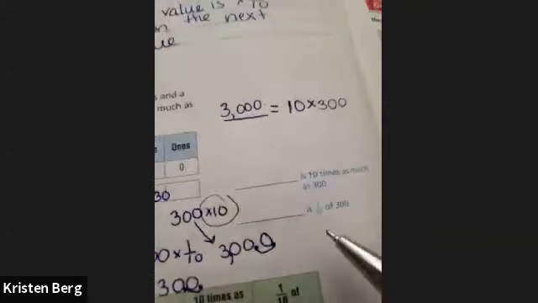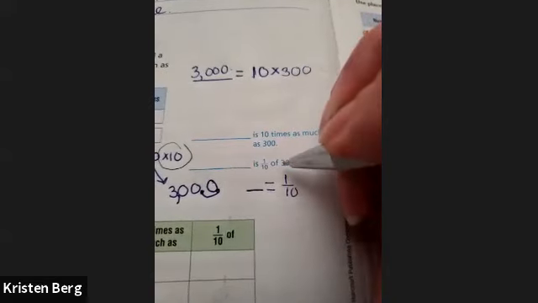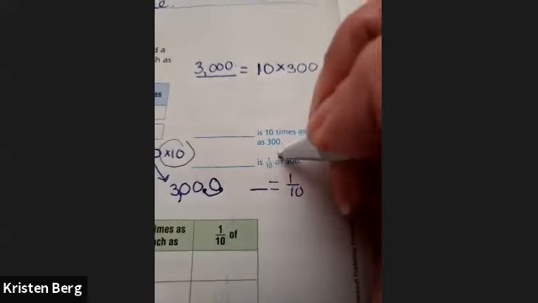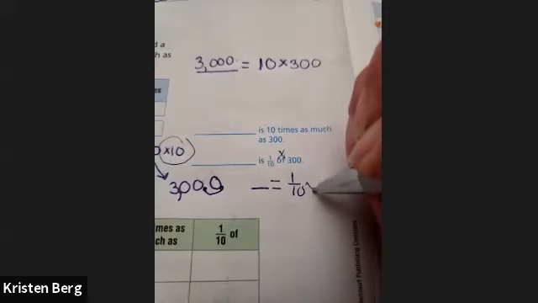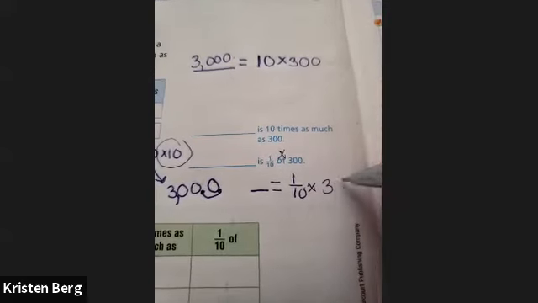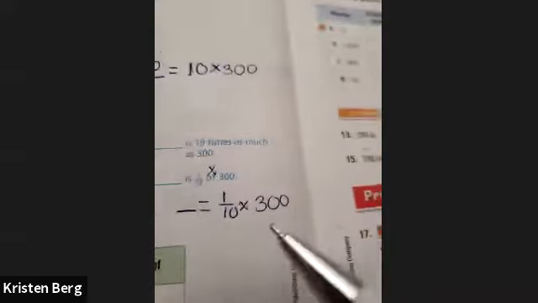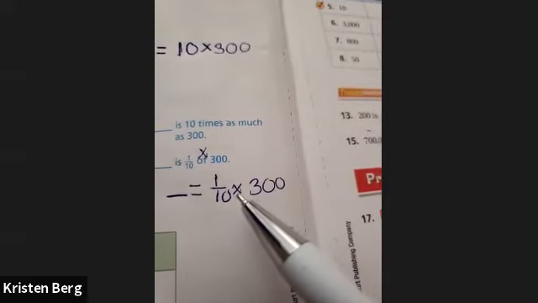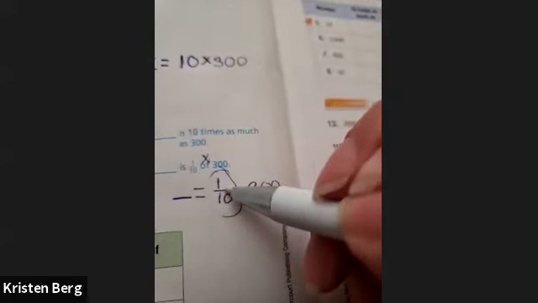And then this one down here says blank is, which means, remember, is means equal, a tenth of, oh no, what does of mean again? Oh yeah, that's right. Of means multiply, of 300. So guys, please don't get confused by this. Even though you have a times here, this 1/10 and this division bar within the fraction bar is a division bar.